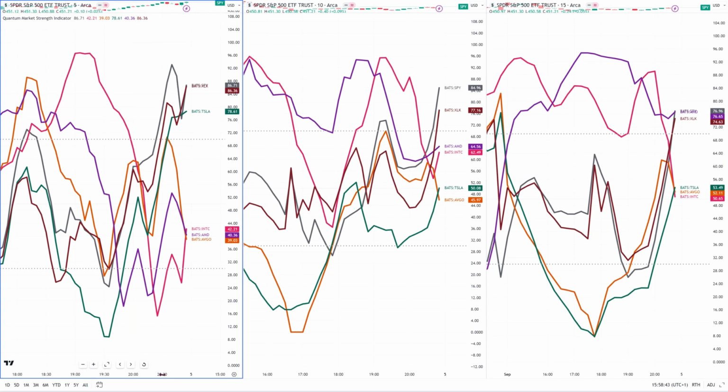You might wonder why that is. Well, part of the reason is that the 2 stocks in question, in other words, AMD and Broadcom, do not constitute very significant proportions of the index.